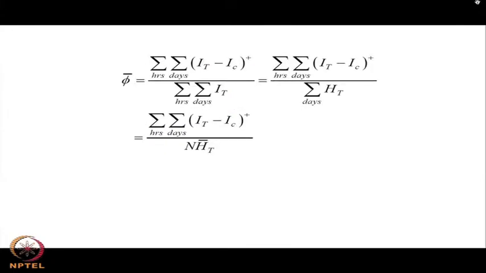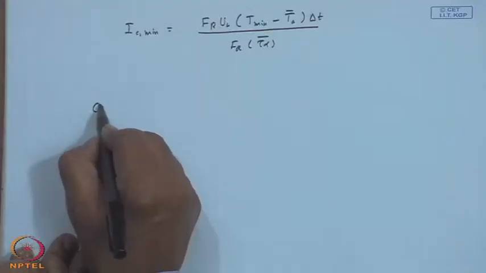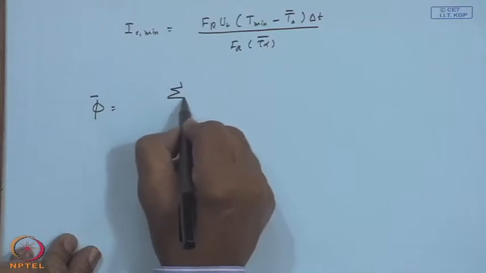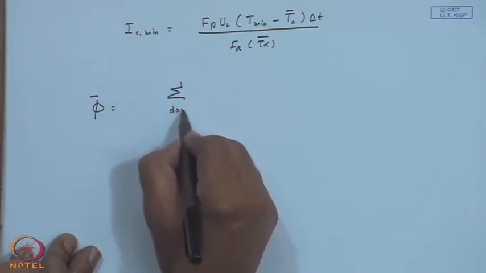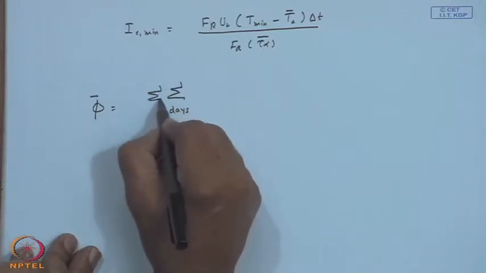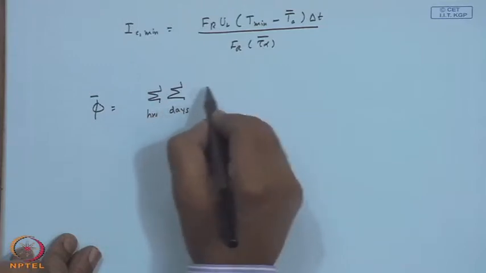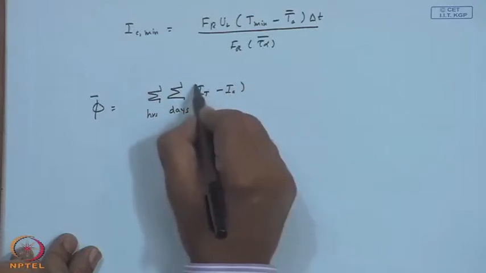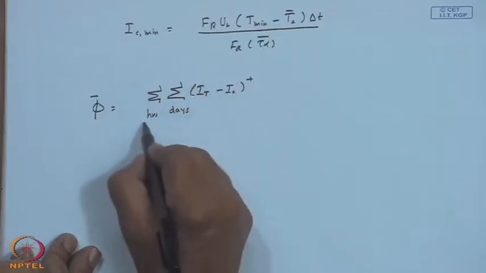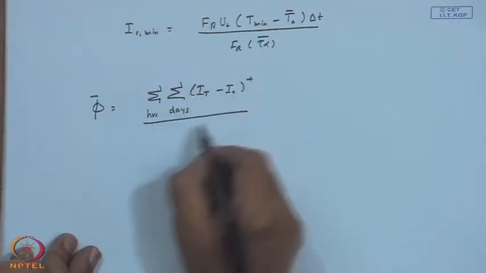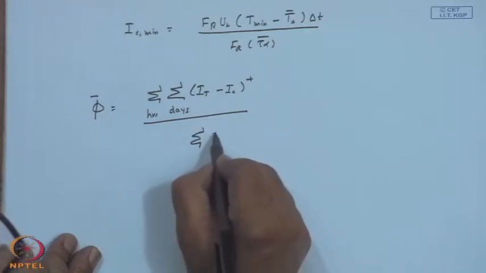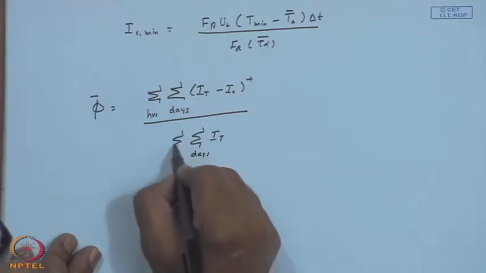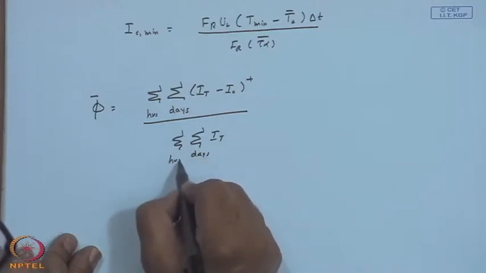So, from the definition, how do I write down? Now, my phi bar should be equal to summation over days, over hours, of I t minus I c superscript plus, by sigma I t over days, over hours.